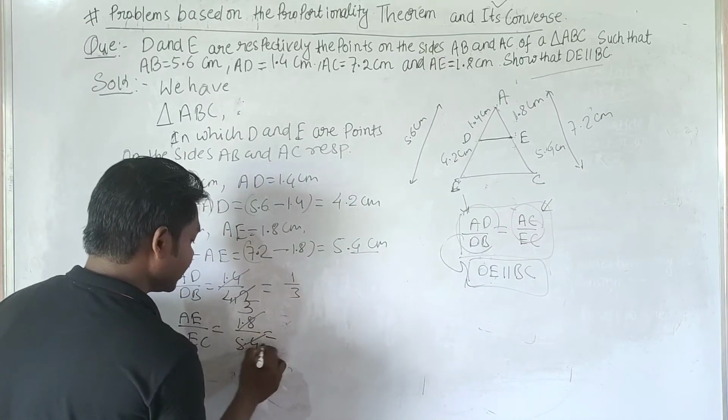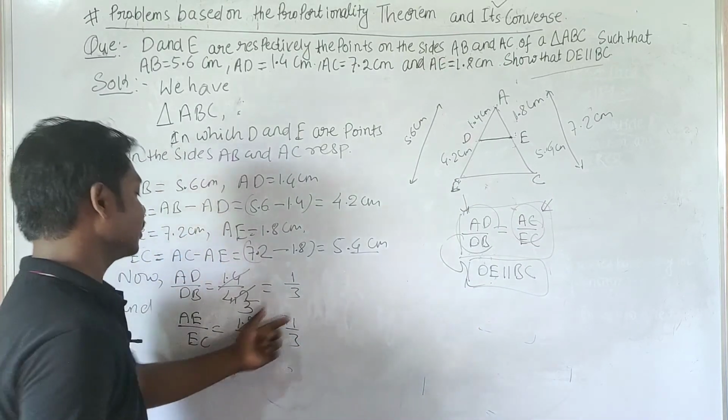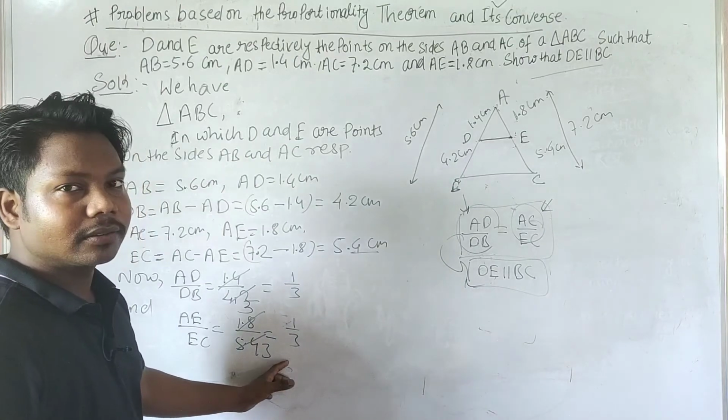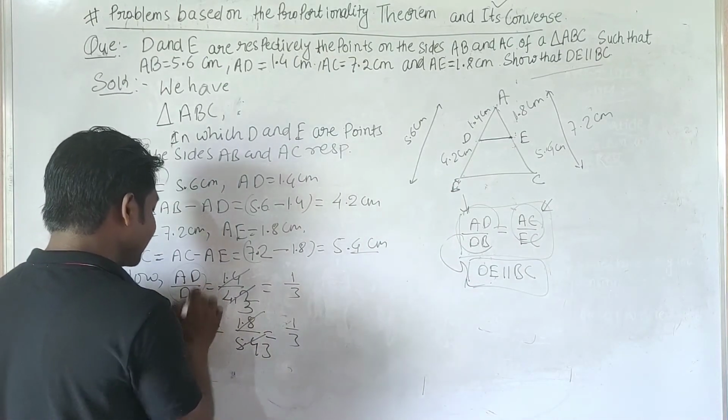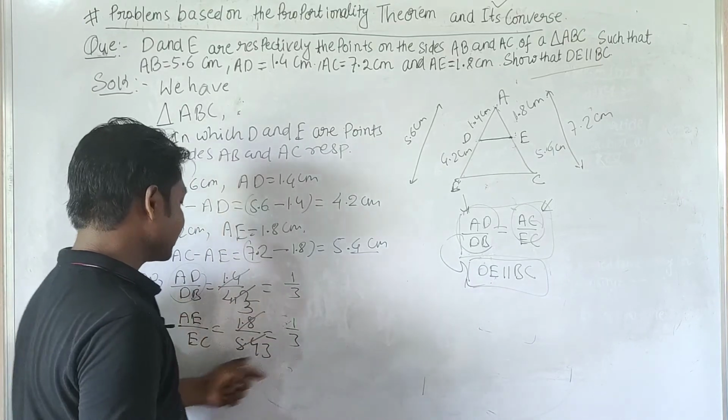So it will become 18 by 54, so this ratio is again 1 by 3. So here we can clearly say AD by DB is 1 by 3 and AE upon EC is also 1 by 3.